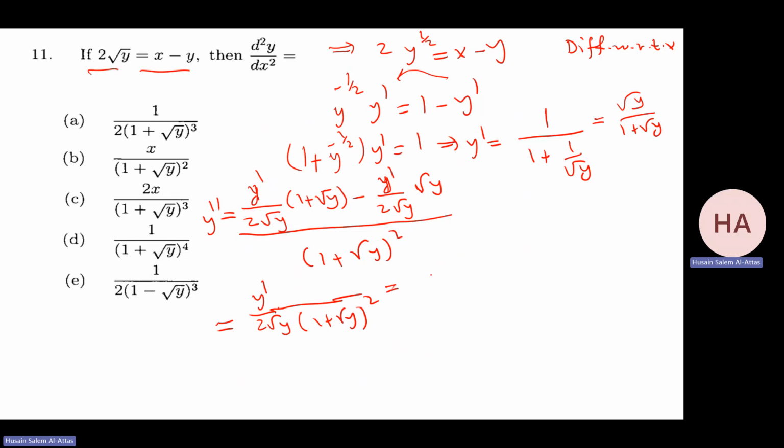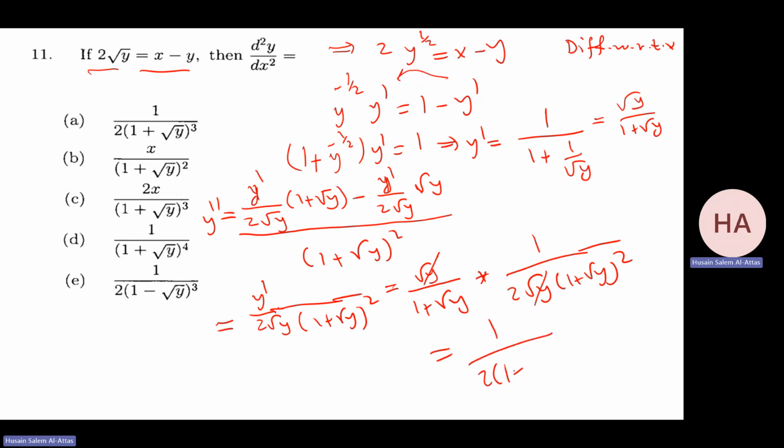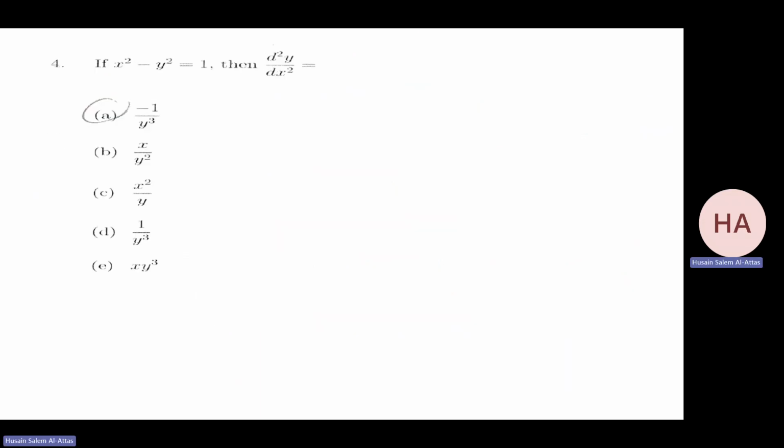This is equal to root y over 1 plus root y times 1 over 2 root y, 1 plus root y squared. This is cancelled. So you have 1 over 2, 1 plus root y cubed, which is this.